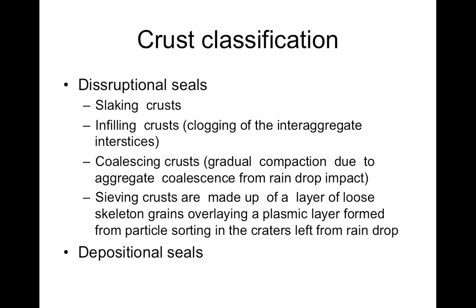We get coalescing crusts. It's the gradual compaction due to aggregate coalescence and raindrop impact. Aggregates come together, and then the pore space between them is lost or made smaller because they're being compacted somehow. And then finally we get sieving crusts.